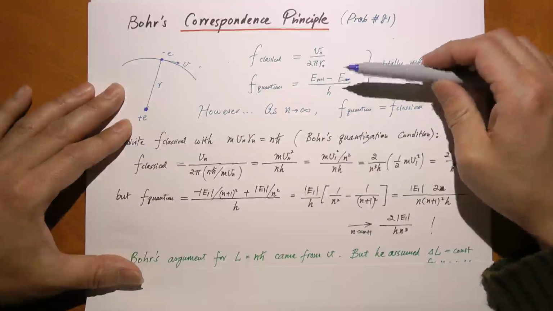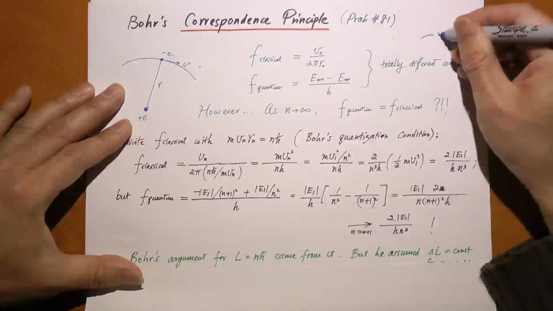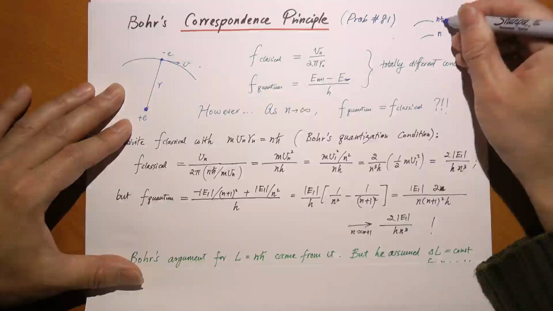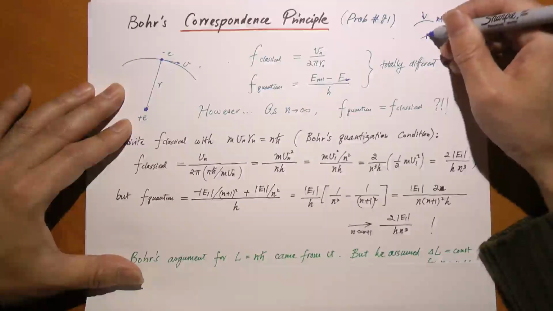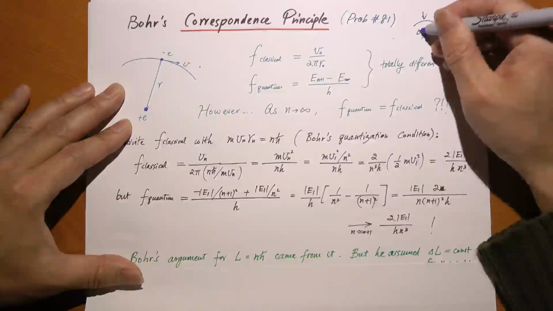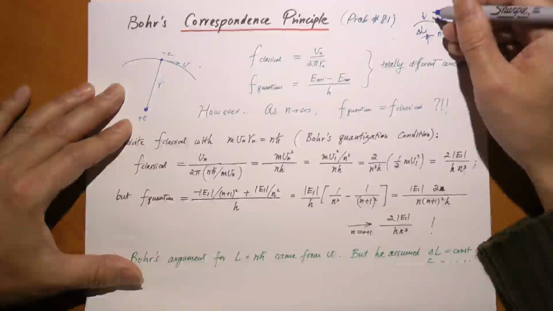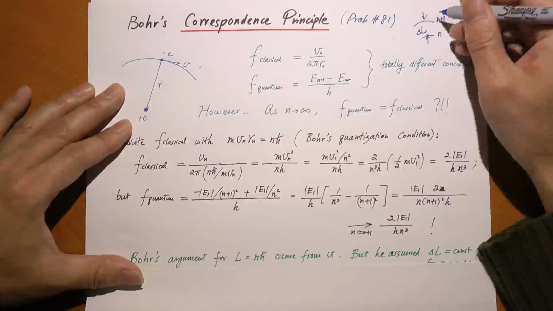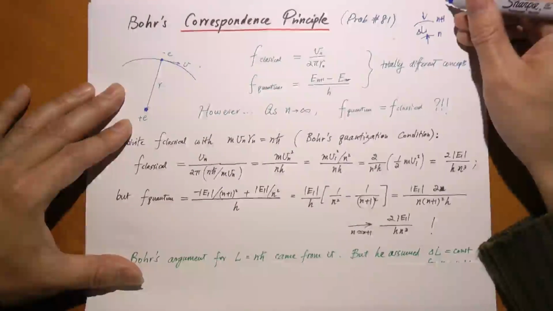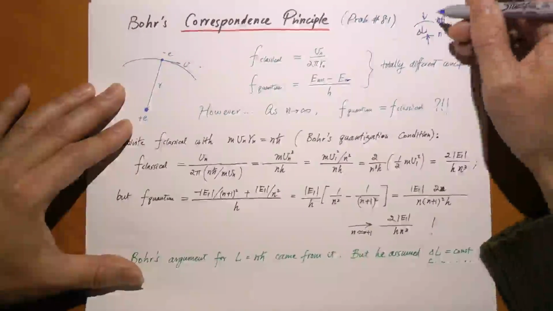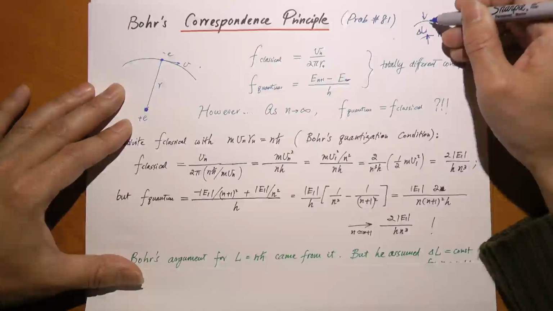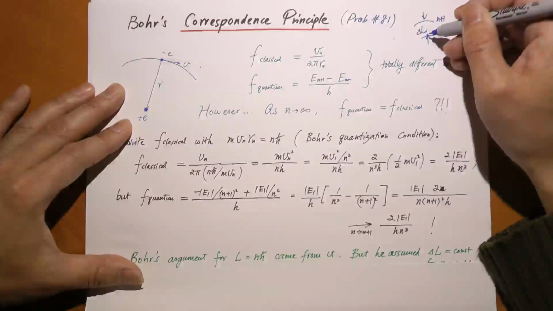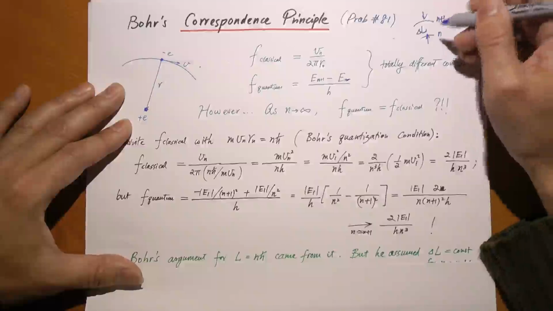The assumption is that as you go from one orbital n to the next orbital n plus 1, there is a gap, there is a difference in angular momentum, delta L. He assumed this delta L is a constant. In other words, you go from n equal 2 to 3 or 3 to 4 or 4 to 5 and so on. Every time you jump from one orbital to the next neighbor, the angular momentum changes by the same unit.